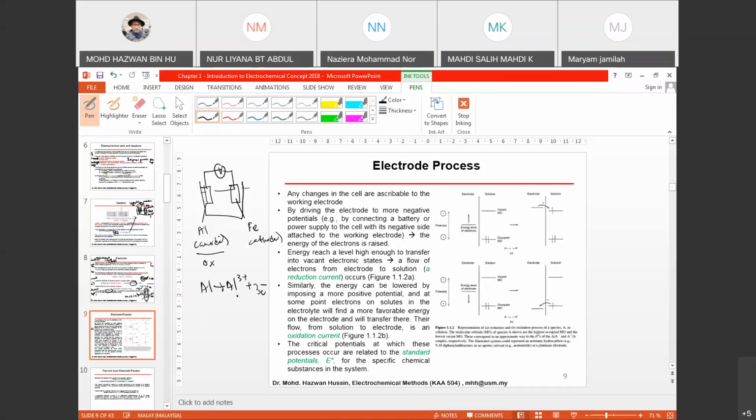But you know that 3 electrons will be promoted into the higher band, meaning that in the occupied molecular orbitals, this is where all the electrons are located, and then you have a vacant molecular orbital.